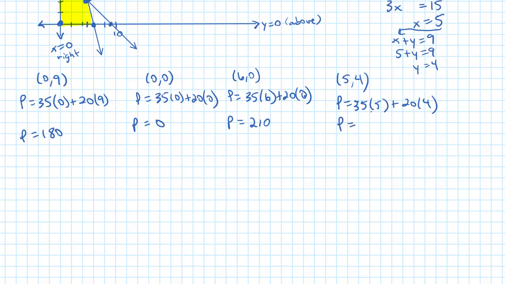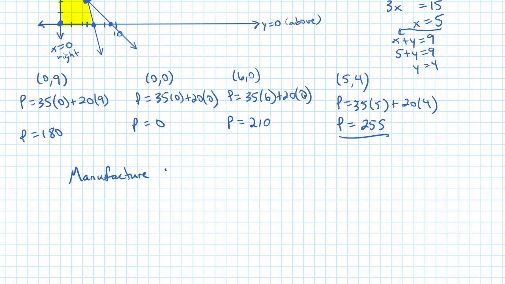The last one, let's see here, 35 times 5 is 175, plus 80 is 255. So that means that's our highest profit. So, let's answer the question now. We need to figure out how many of each gear needs to be made, and how much profit it will give.